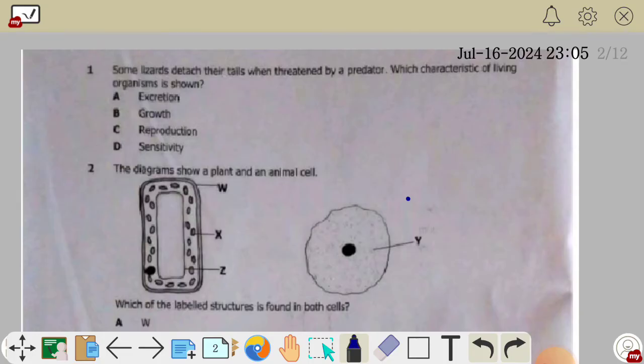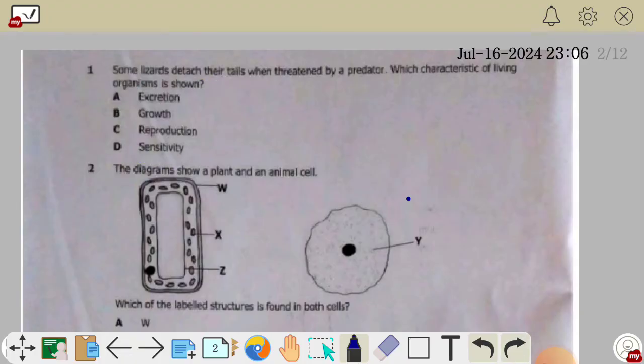But now, looking at our question here, we have some of these lizards. When a predator tries to catch these lizards, their tails will be detached and the lizards will survive. So the characteristic of living organism portrayed by this phenomenon is sensitivity.